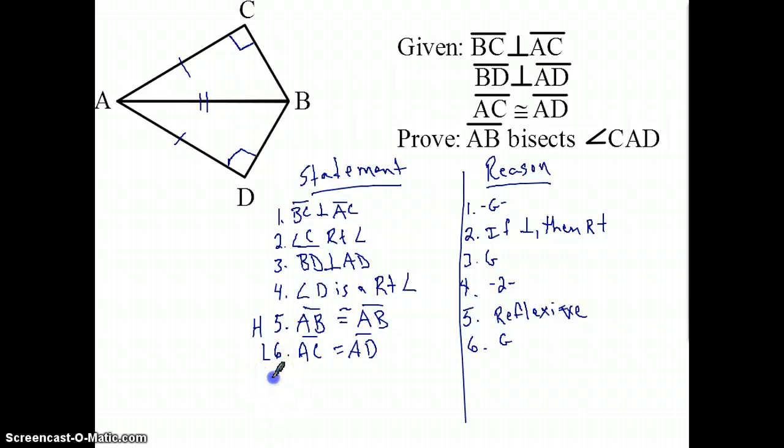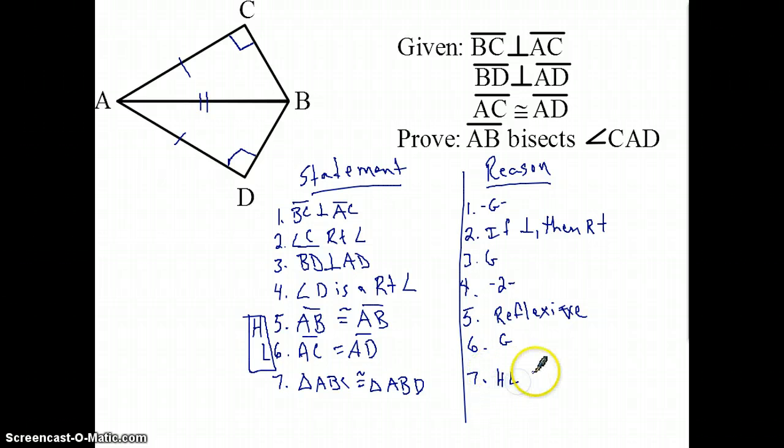So we can now state that these two triangles are congruent: triangle ABC is congruent to triangle ABD. And why can we say that this is true? Because of our HL postulate. Just like SAS, SSS, and ASA, we write HL in steps 5 and 6.